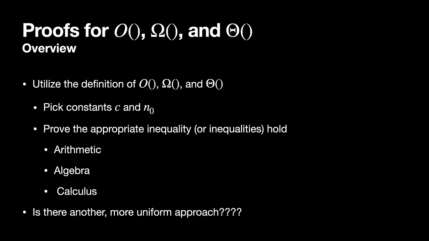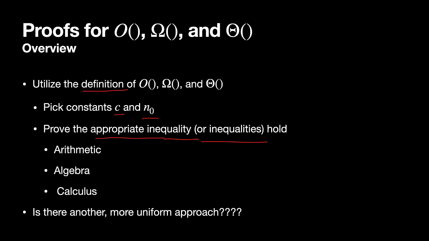So we also looked at how we could do some proofs for all three of these, and our basic overview breaks down into a couple of different components. We were always relying on the definitions of these. We were picking the constants that were involved in those definitions, our c and our initial start point n0. And we were trying to prove the equalities or inequalities that were inherent in the definitions.